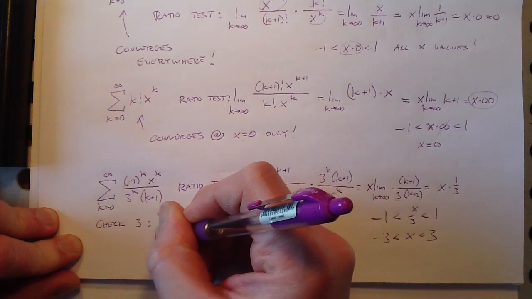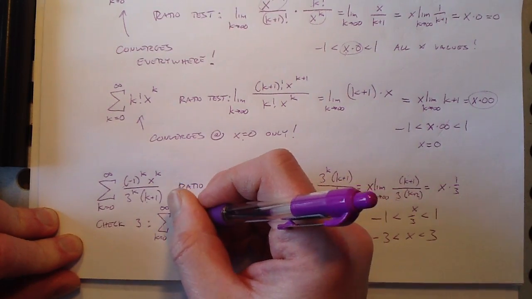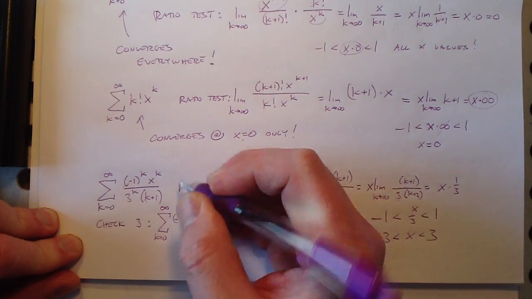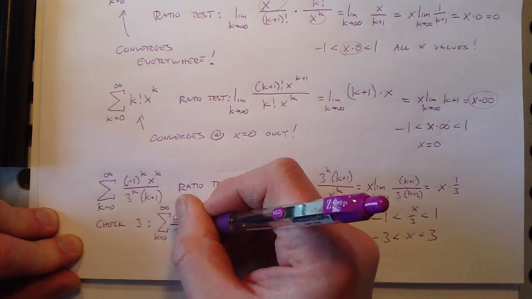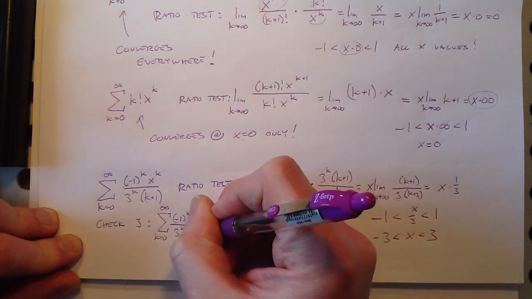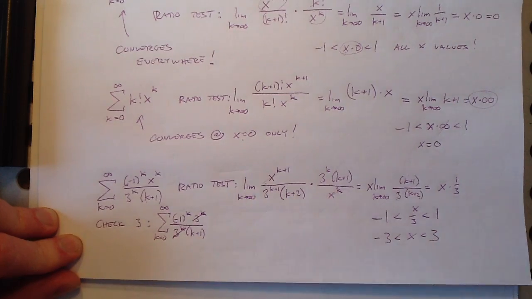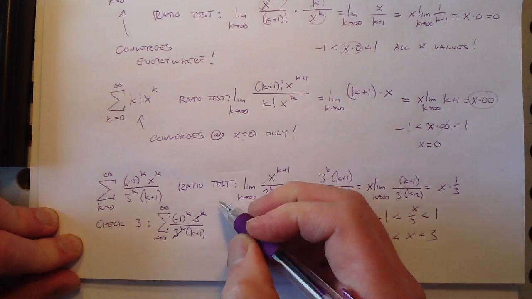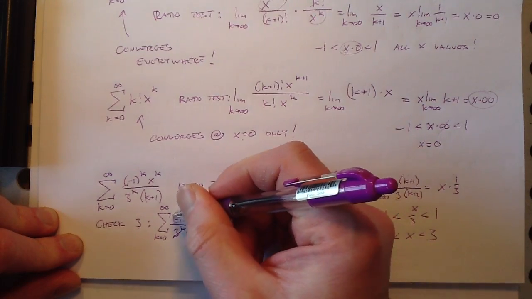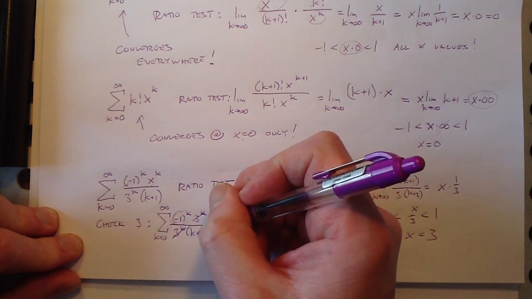With a little bit of practice, you might forego this step. I would have -1 to the k over 3 to the k, sorry, times 3 to the k over 3 to the k times k plus 1. Those cancel out, right? When I say check 3, I'm plugging 3 in for x. And then I would just have a series that alternates. It's an alternating series over k plus 1.